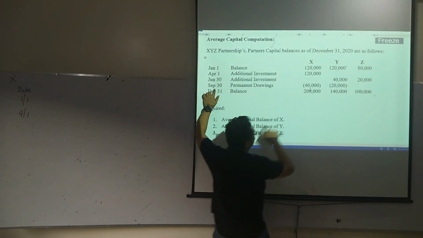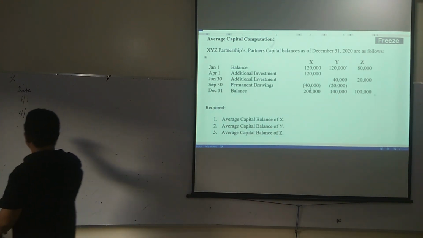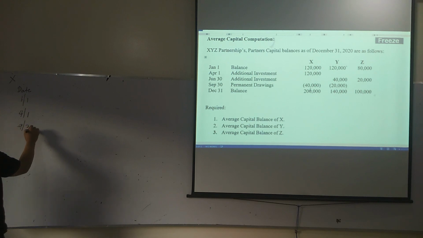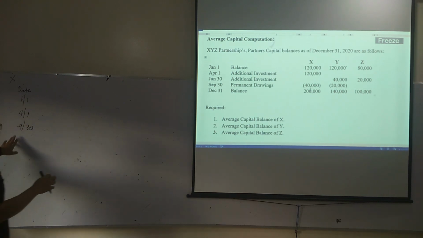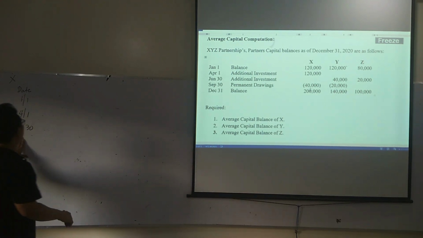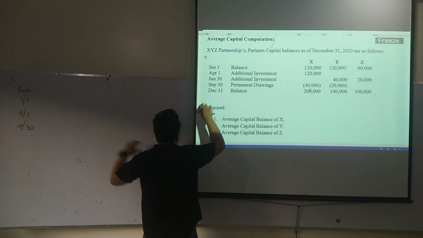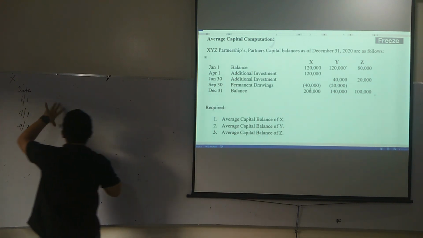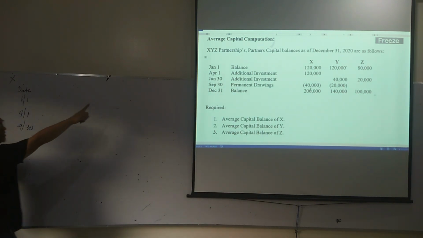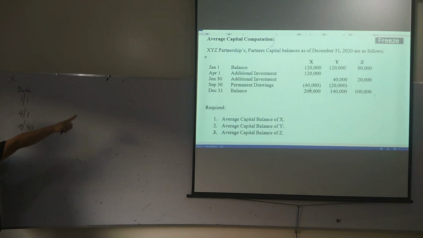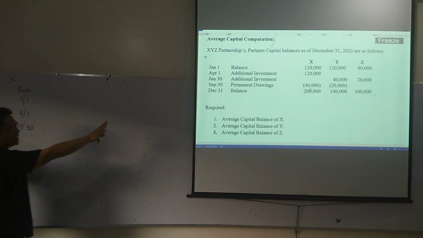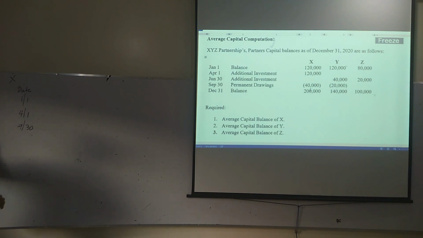September 30, we withdraw 40. Then December 31. We record changes here for all the days where his capital moved. Then disregard December because that's our ending balance.